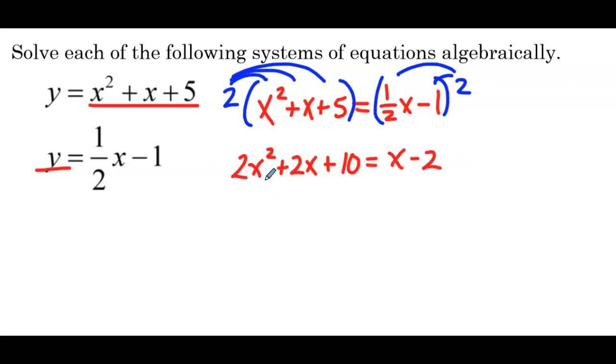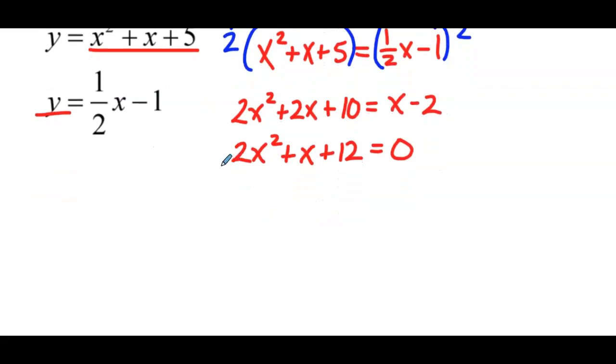Now we have a quadratic equation, so it needs to be equal to 0. So we have 2x squared. Subtracting x on both sides gives us plus x. Adding 2 on both sides gives us plus 12 equals 0. Now we need to factor here, so we have 2x and x.